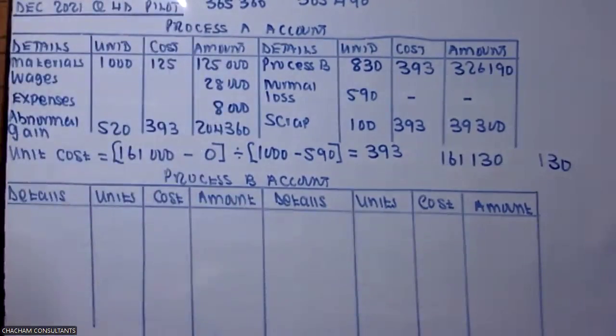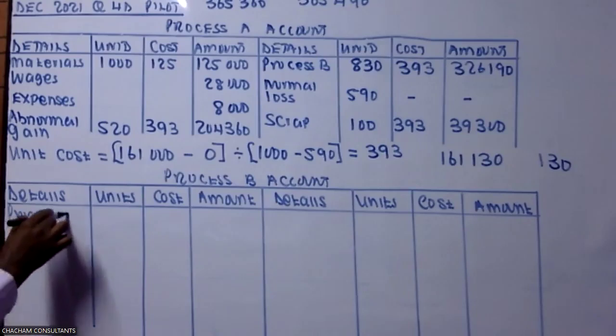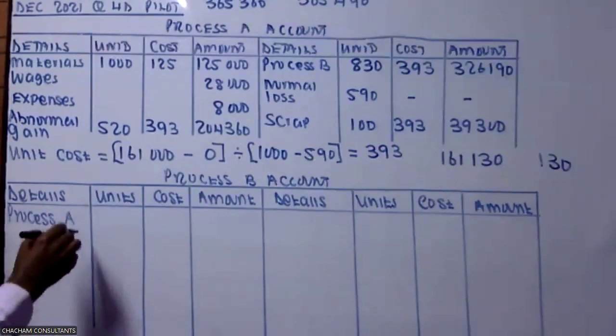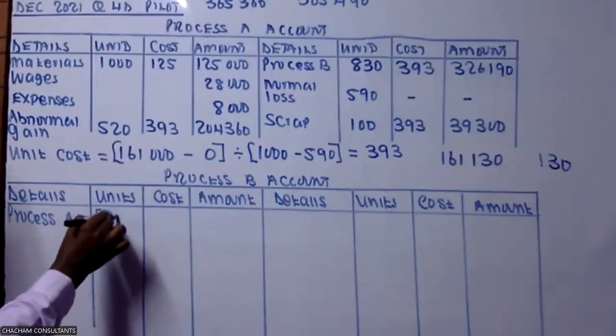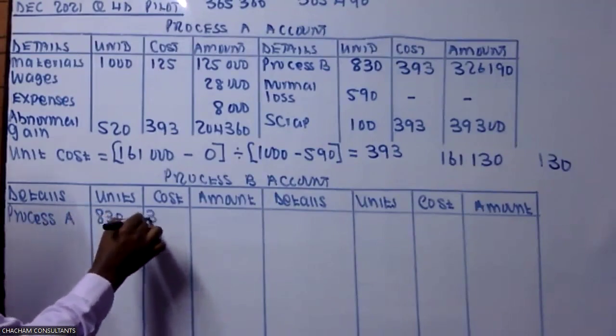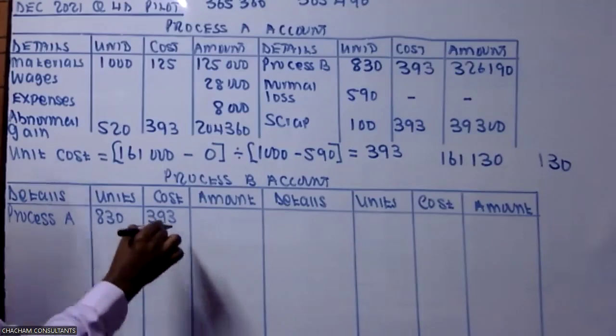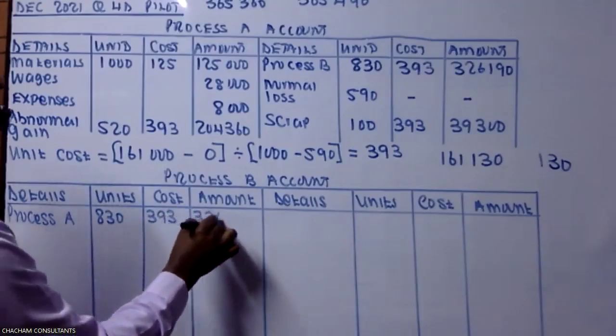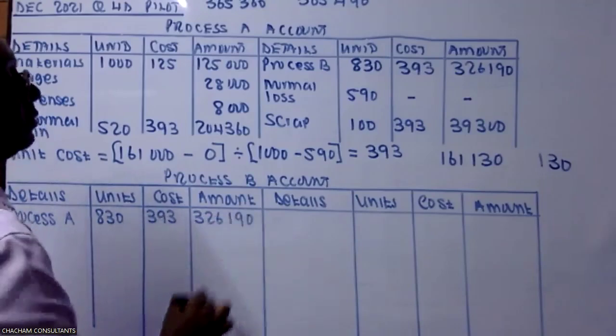Now we bring what is coming from A. Process A: we have 830 units, each worth 393, then 326,190.